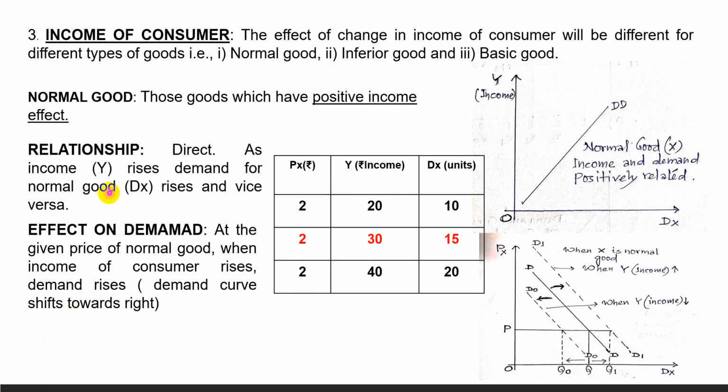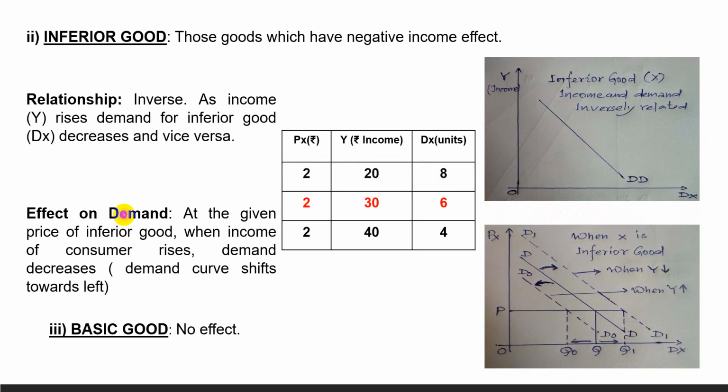Third, if the income of the consumer increases in case of a normal good, the demand for the commodity will increase, and if the income of the consumer decreases in case of a normal good, the demand for the commodity will decrease. Next, inferior goods.